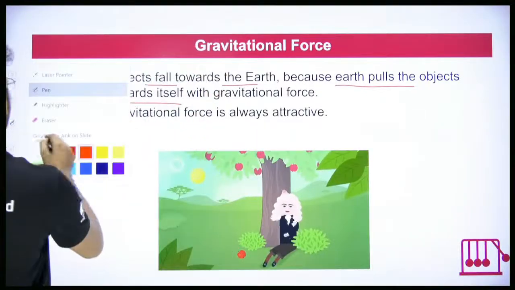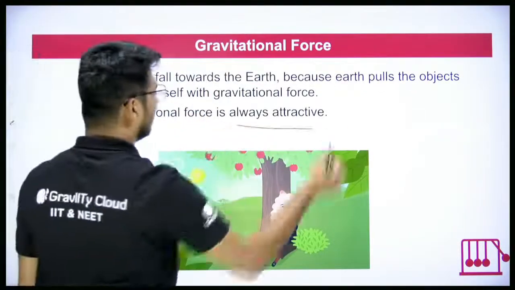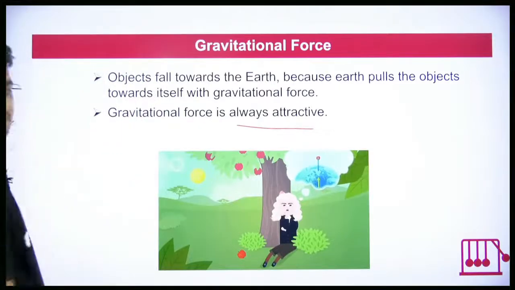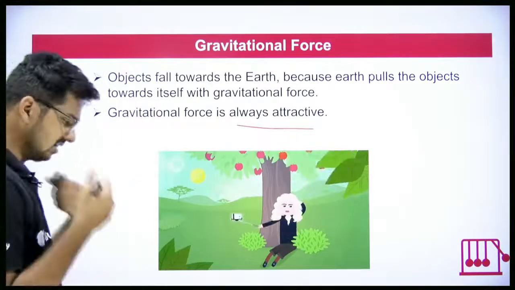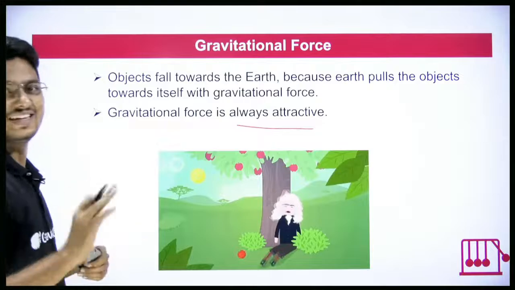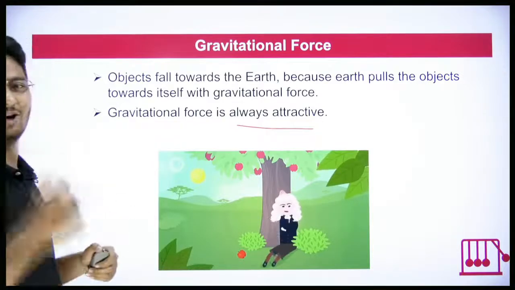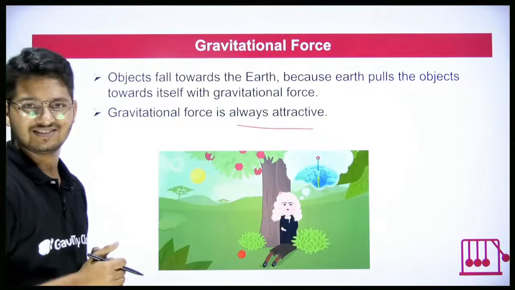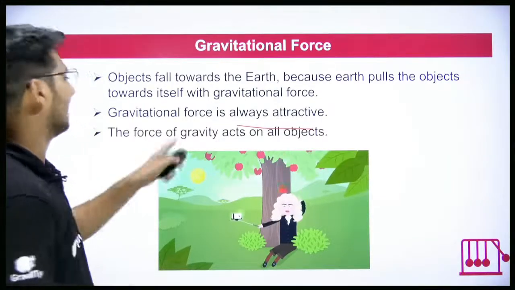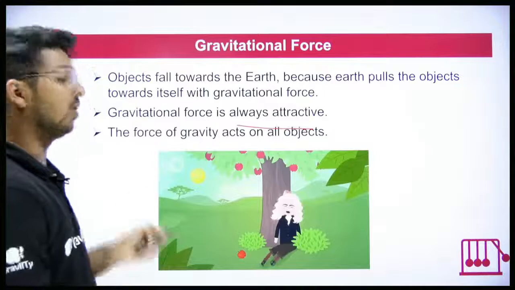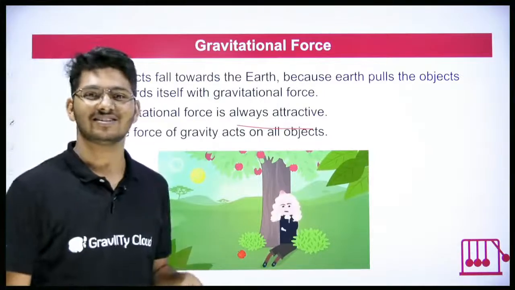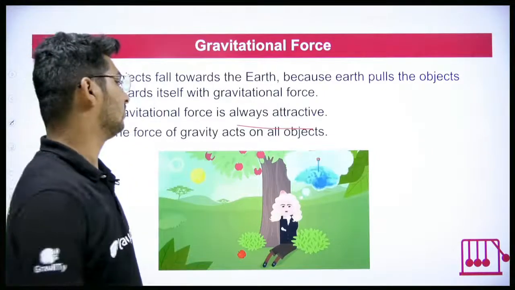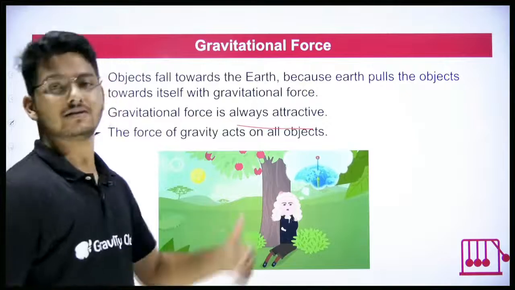And gravitational force is always attractive. Earth always attracts things. Earth does not say no. Earth always says yes, everyone come towards the earth. Clear? And it acts on all objects, even on air.